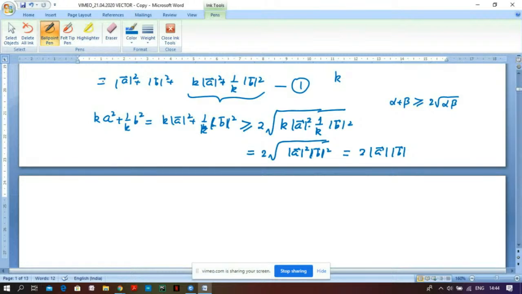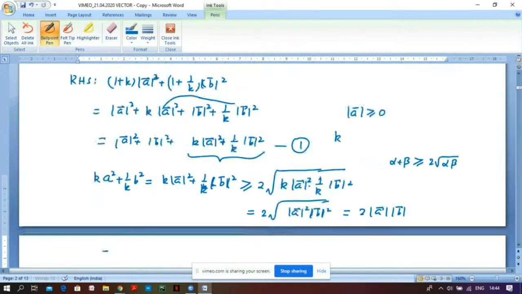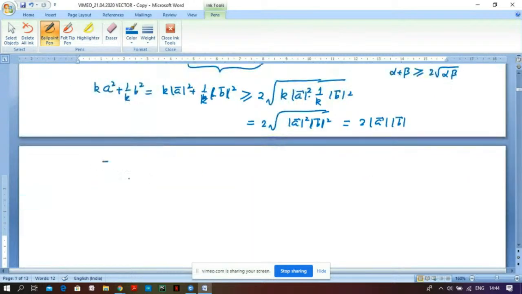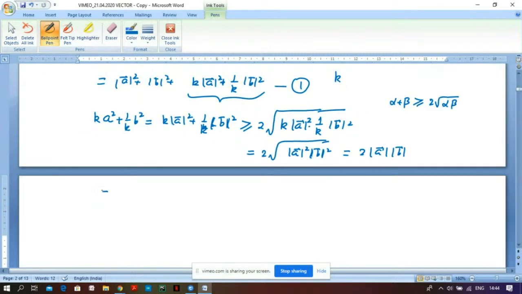So it means from 1, because this is greater than or equal to, you will get this whole thing greater than or equal to modulus a squared plus modulus b squared plus 2 times modulus a times modulus b.